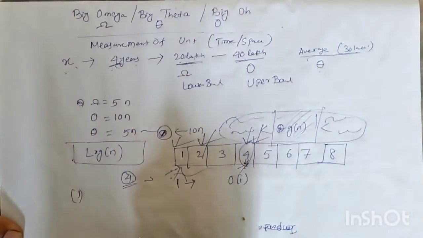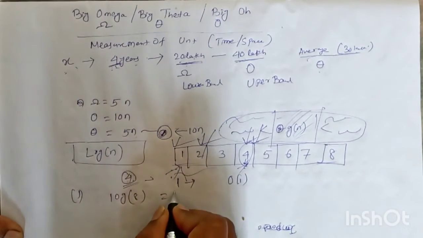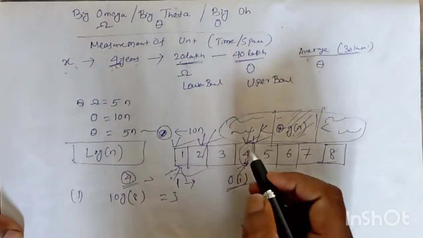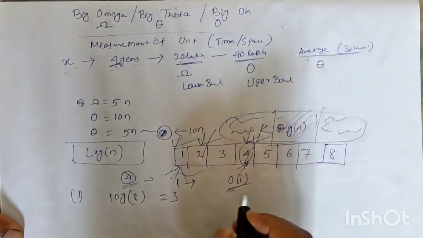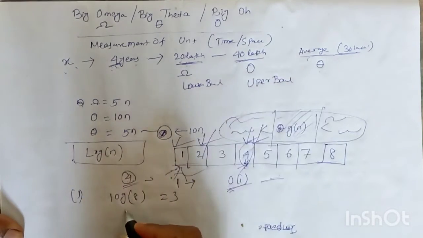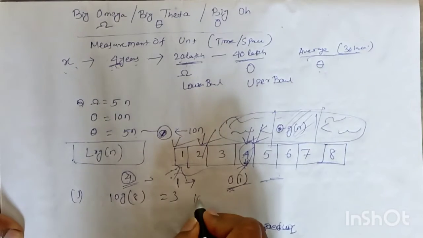So in that case it is log of n. Log of 8 means 3 iterations are required. The best case is when we need to find the middle element, which is found with the first search when we search for 4. But in the case of 1, it became log of n.